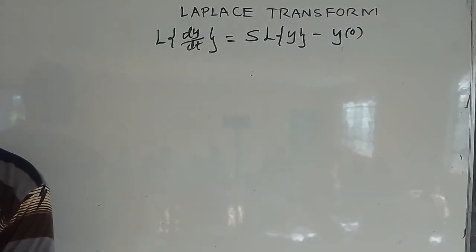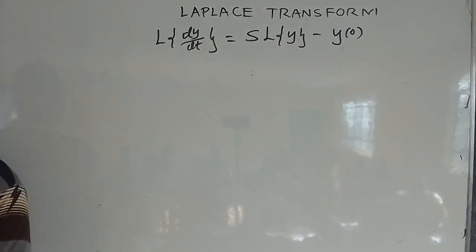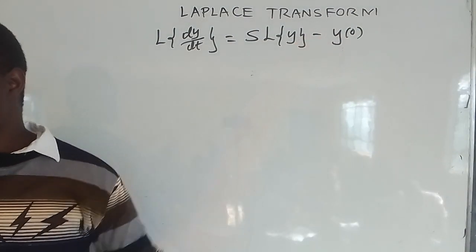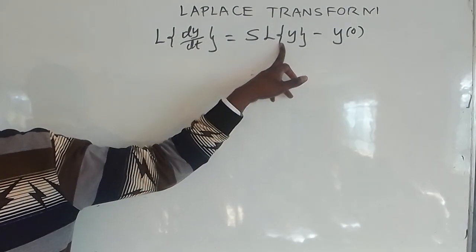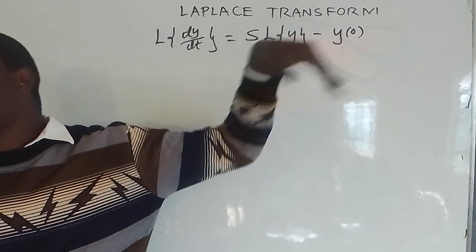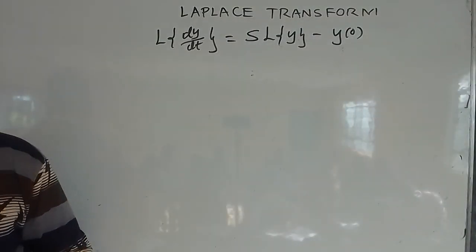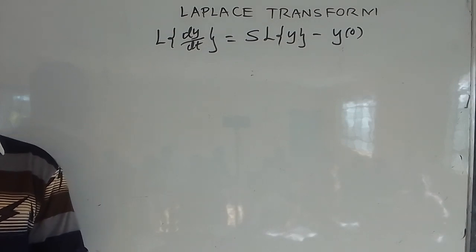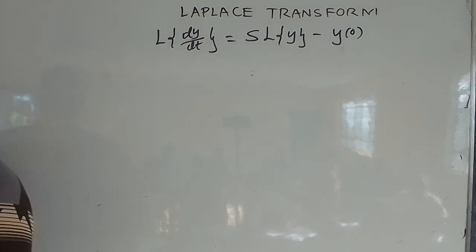It is a value you will be given, then you just substitute there. Then for you to get y from the Laplace transform of y, you take Laplace to the other side to become Laplace inverse, for you to remain with y. And you know y is the solution of the differential equation, so for you to get the solution, you must take Laplace to the other side of the equation.